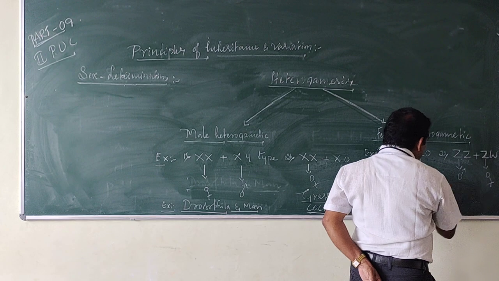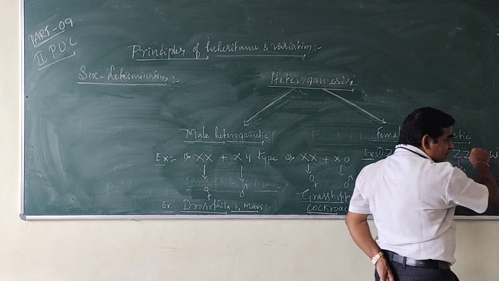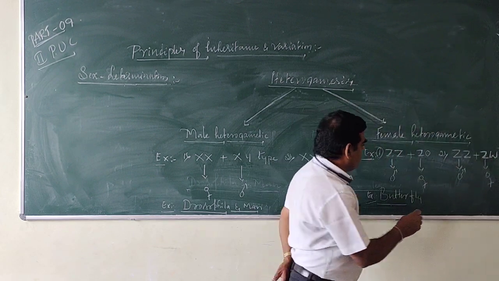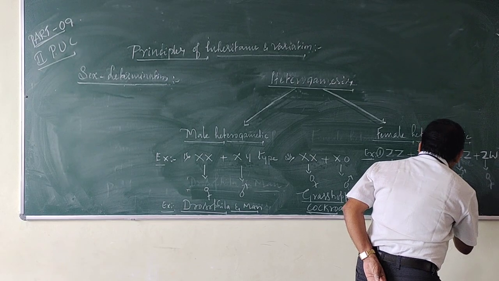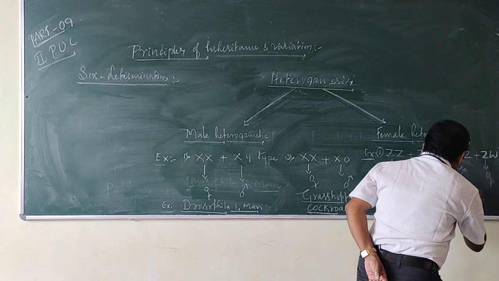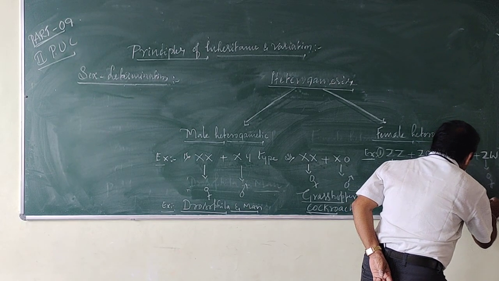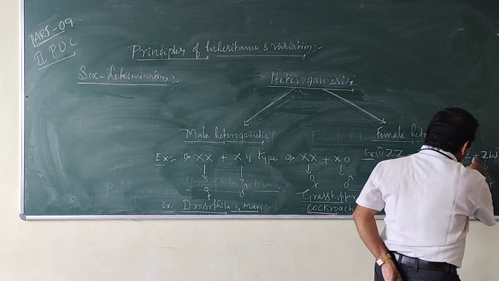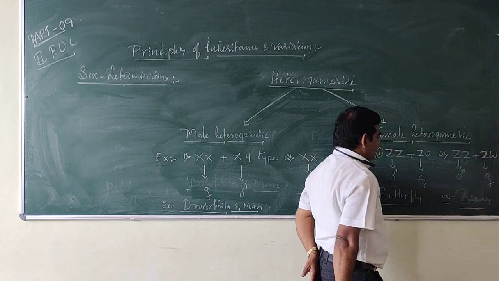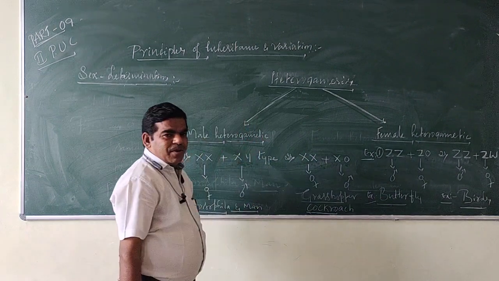So ZZ and ZW. This type of sex determination occurs in birds.